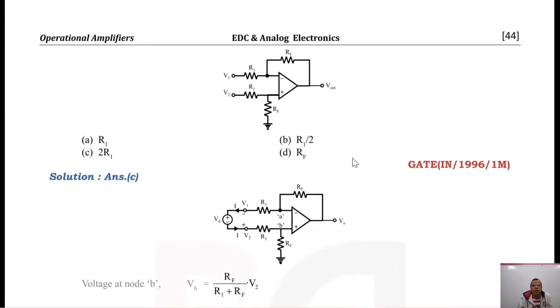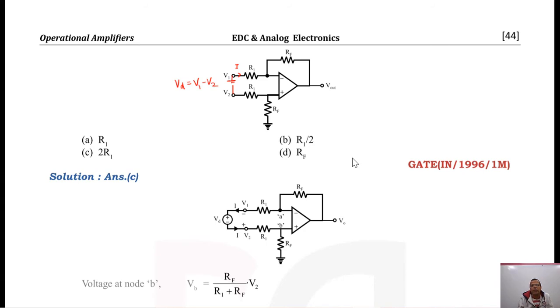So the differential input to this circuit is the difference of these two voltages, that is nothing but V1 minus V2, right? And the current in this branch is, suppose I, you can take incoming or outgoing.